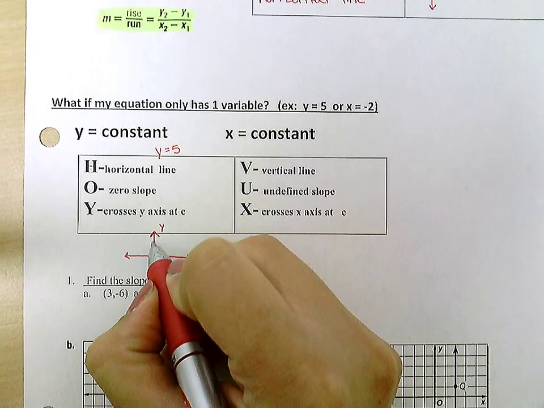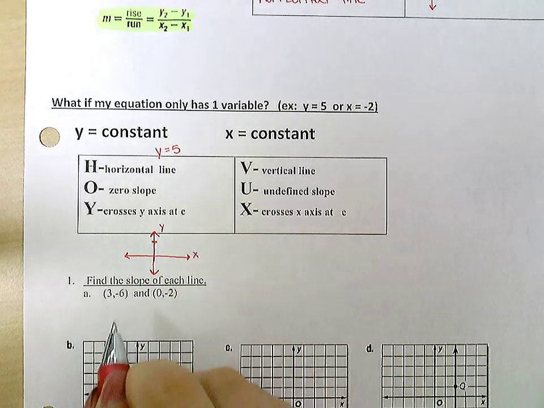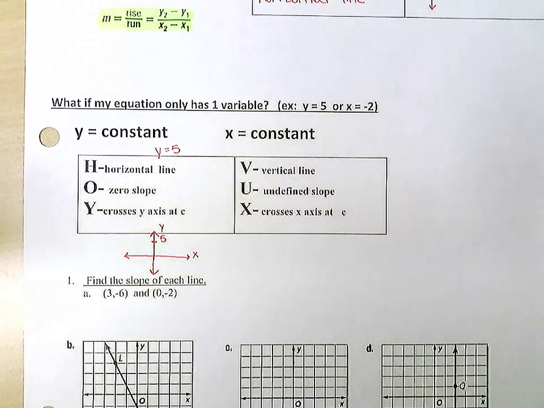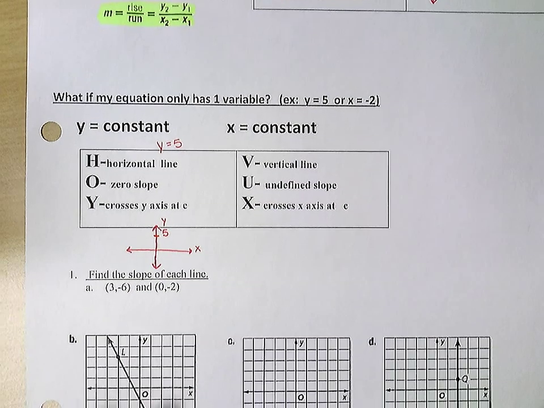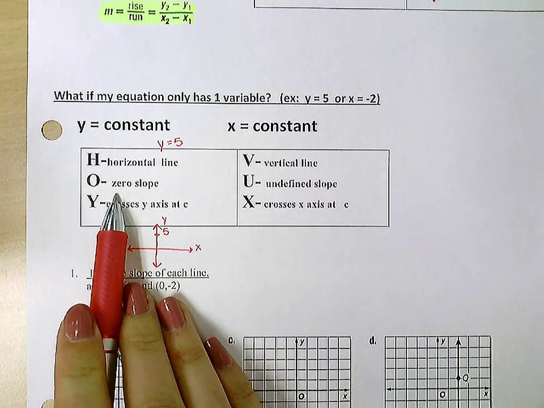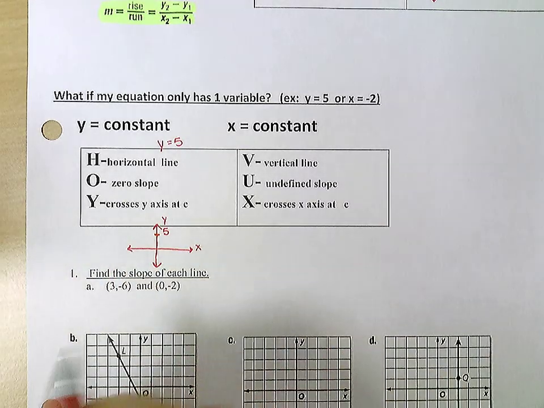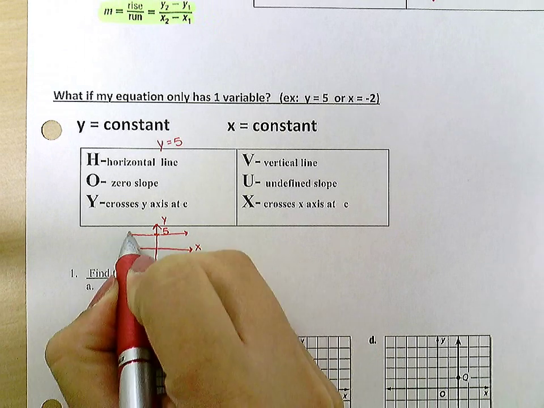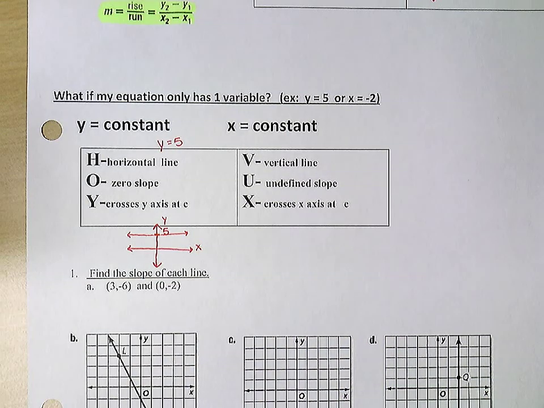Okay, so I would go up to that point where y is equal to 5. Again, I'm sorry, it's kind of small. I'll make the next one bigger. And then since it has a slope of 0, it's going to be a horizontal line. Okay, so that's how you would kind of plot those if you have y equals that constant number.